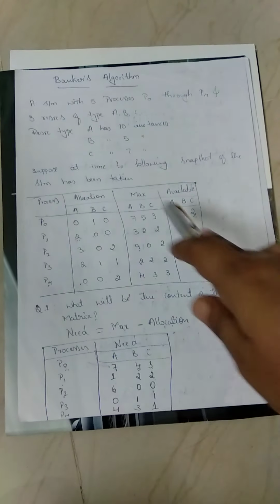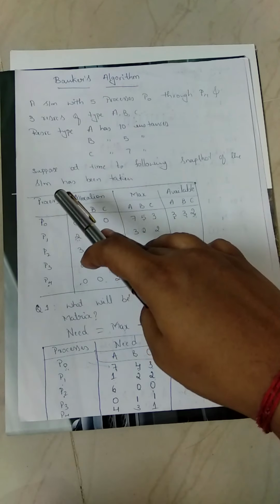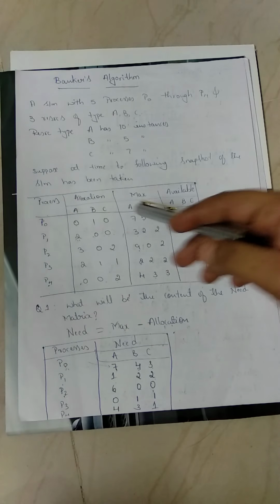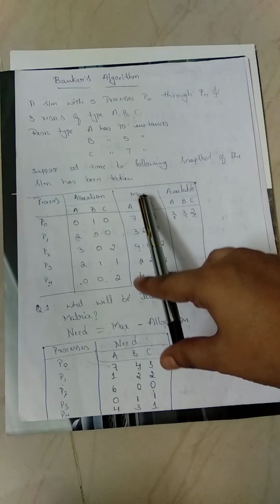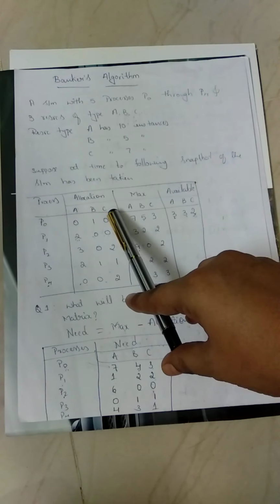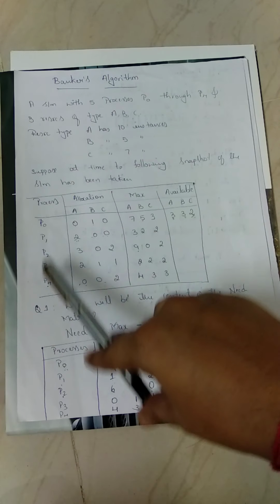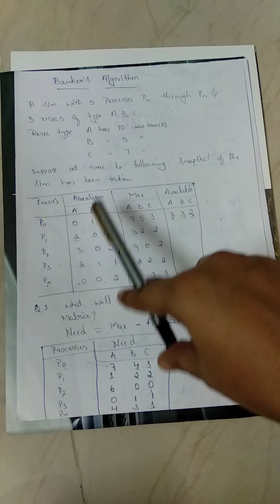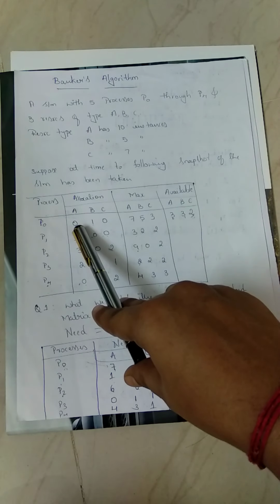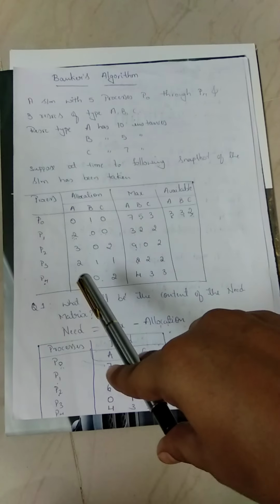At a given point of time, this is the snapshot of the system, where the data structures used according to Banker's algorithm are given: allocation, max and available. Allocation is the resources of each type assigned to processes P0, P1, P2, P3, P4 at a given point of time. At this point of time, for P0, resource type A is assigned 0, B 1, C 0. In the same way, it is given for all the processes.